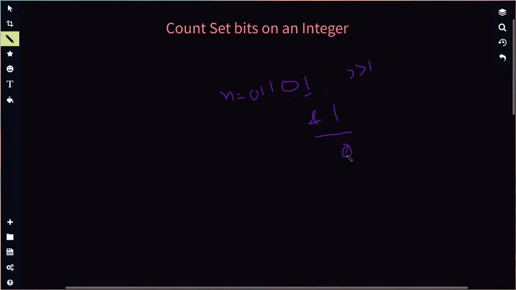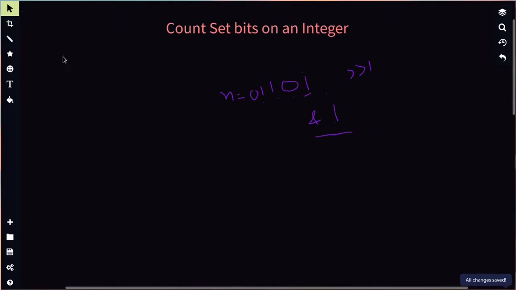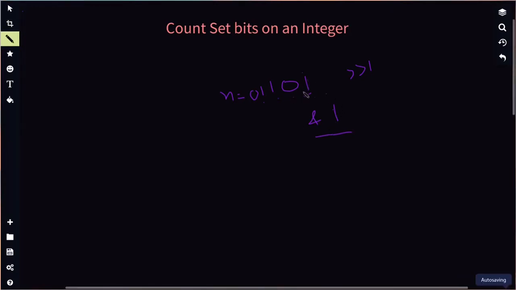In this case we'll get 1, because we are doing a logical AND operation between both of the ones. Whenever you get 1, you can keep track of this in a count, and increment this count whenever the AND operation gives 1.